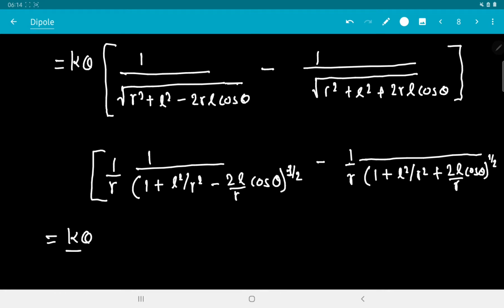We'll get kq by r cubed, and now here we can apply the binomial expansion.